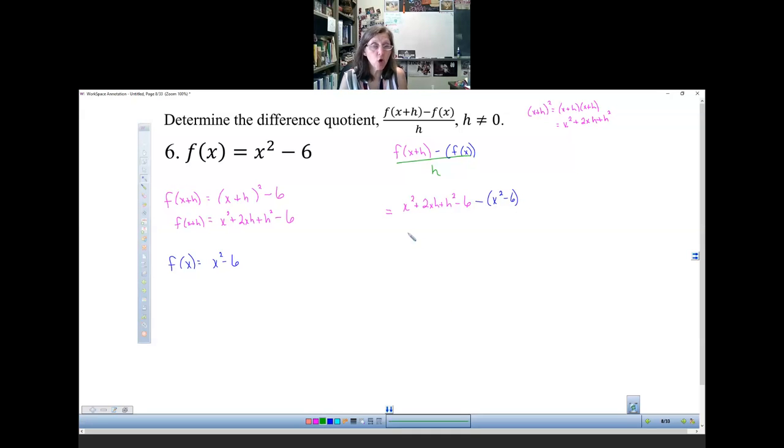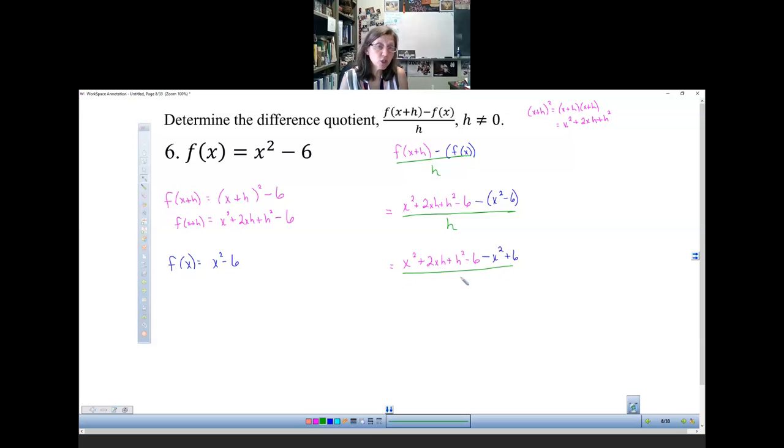I just don't want you to lose that minus sign. Huge. So I have x squared. I have 2xh. Again, I have this h squared minus 6. And now I'm going to change the signs because I'm subtracting everything. Minus x squared plus 6. All of this is over h.